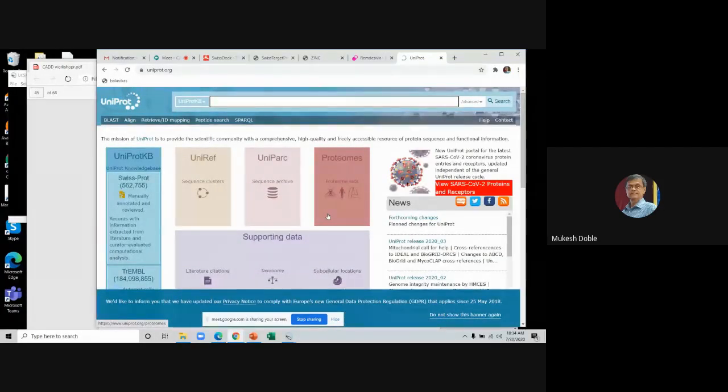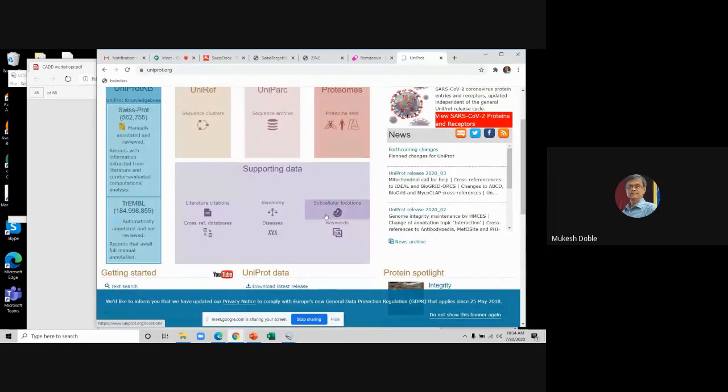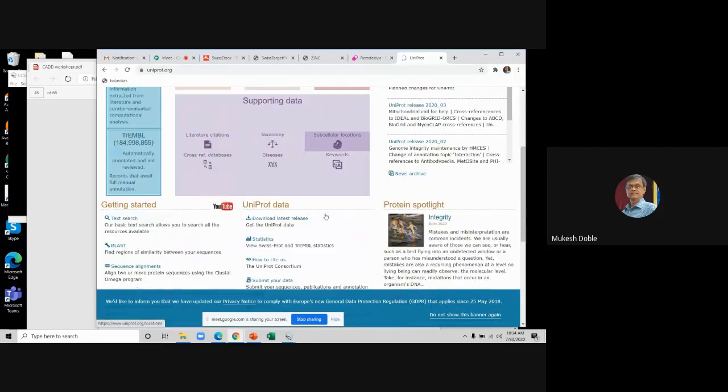If I have a new protein which I have taken from my research and I got a sequence, I can compare the sequence of that new protein with proteins existing in the UniProt database. It's got millions of sequences available, and as I said, it's much easier to get sequences.